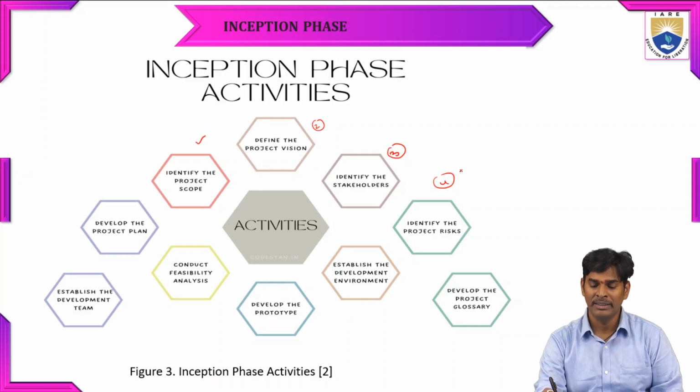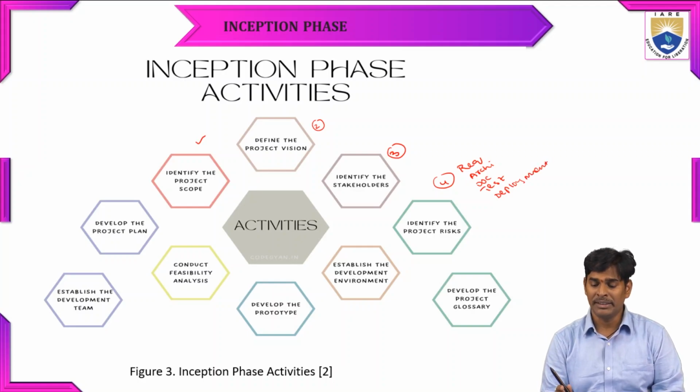Risk can happen in the requirements, the architecture, the documentation, the testing, or the deployment. Like that we need to check the various risks that will happen during the project.